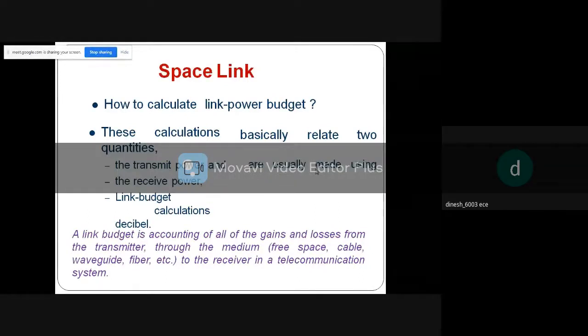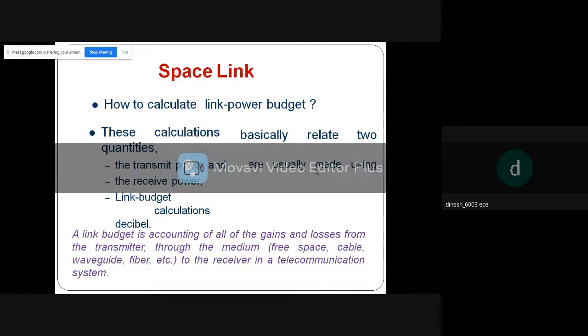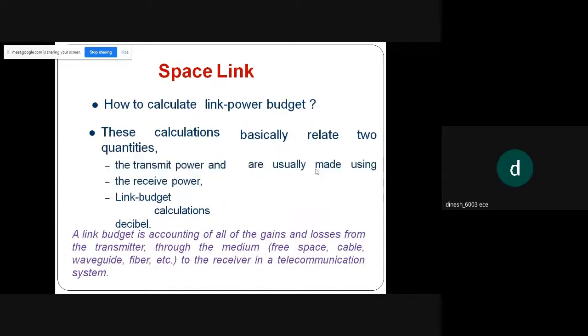A link budget is the accounting of all of the gains and losses from the transmitter through the medium. The transmitter will be present in the Earth station. From the transmitter to the receiver, whatever gains and losses occur in a telecommunication system, along with the considerations of the channel.